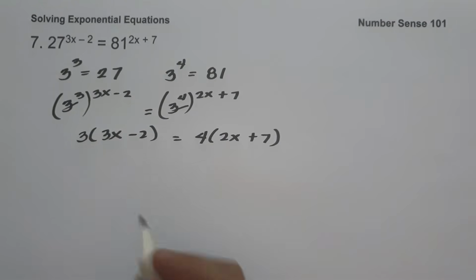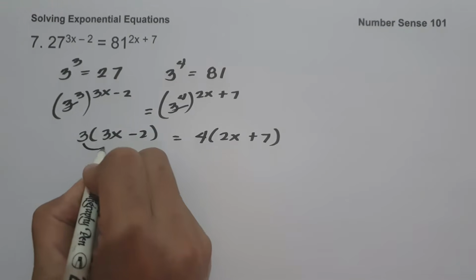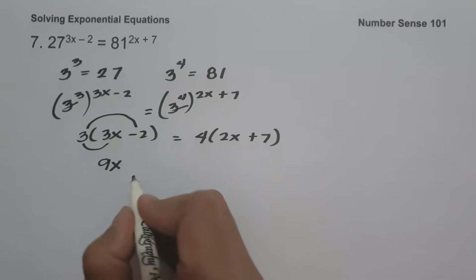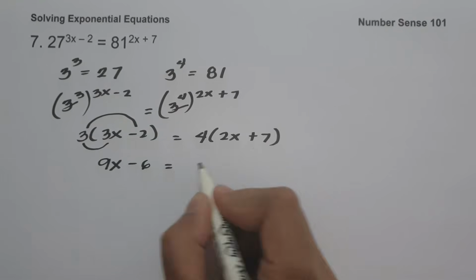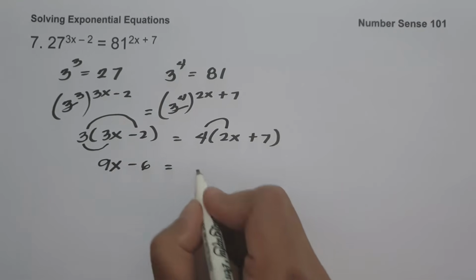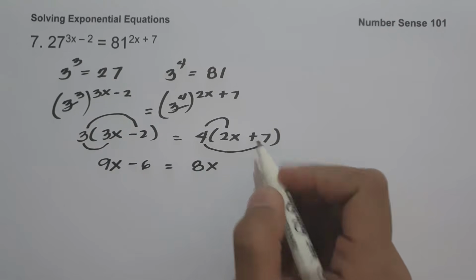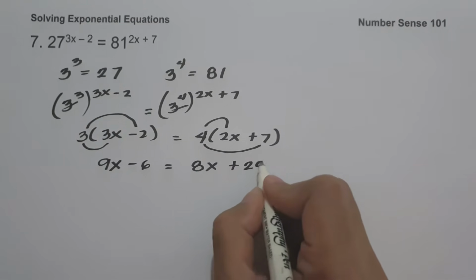And to simplify, let us have 3 multiplied by 3x, that is 9x. 3 multiplied by negative 2 is negative 6 equals 4 times 2x, that is 8x. And 4 multiplied by 7, that is 28.